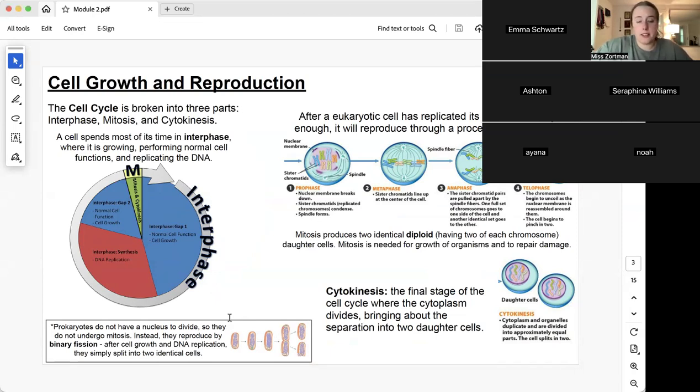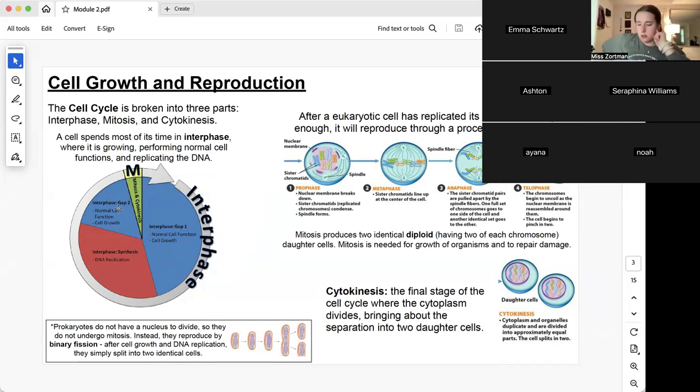So before I get into that, we do need to go over the cell cycle first, which primarily focuses here on interphase. So interphase, remember, is about 90% of the entire process. It is the time where the cell is preparing for that actual division. So interphase is split into G1, S, and G2.